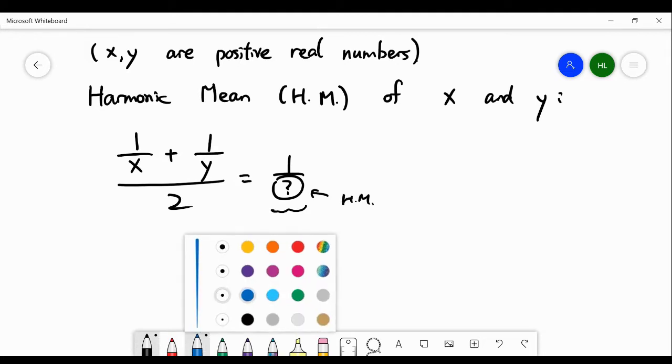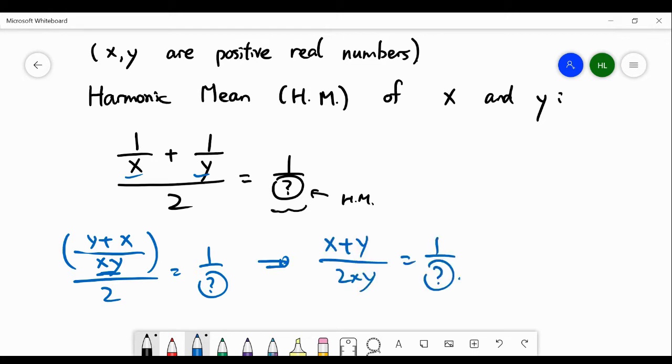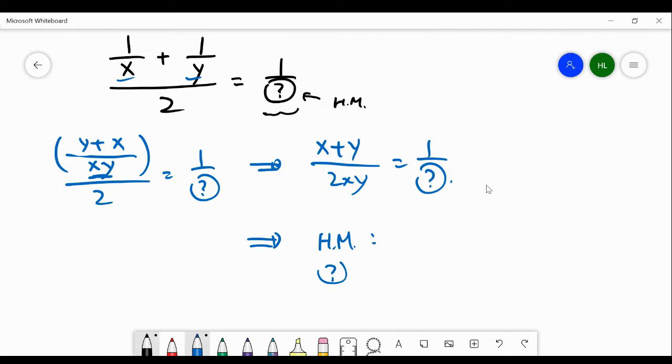And obviously, we can do some algebra to simplify this expression, right? For example, we can use a common denominator on the top of the fraction. So now it becomes this equation, and the next step, obviously, we can write it like this. Our HM, which is what we call the question mark here, is going to be 2xy divided by x plus y, right?